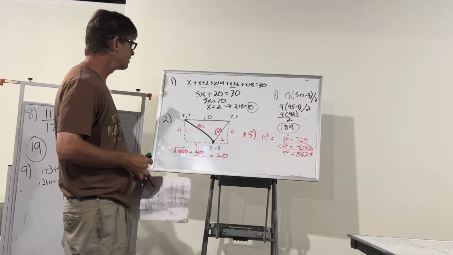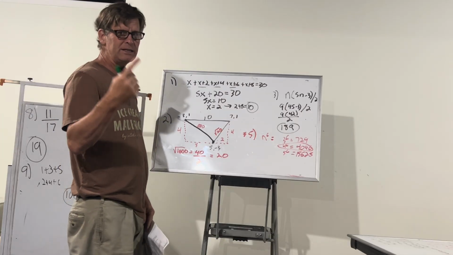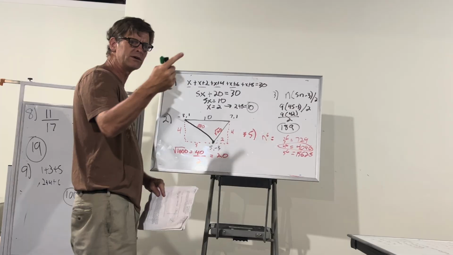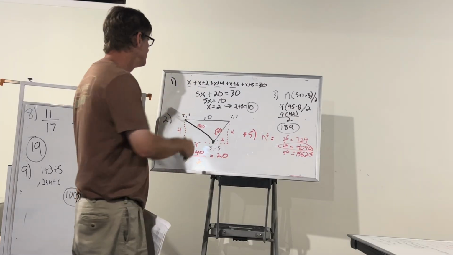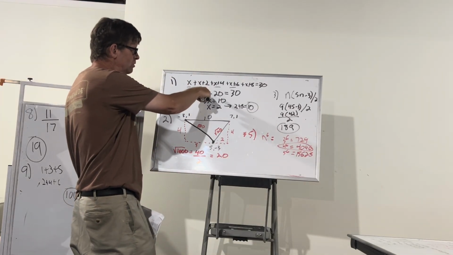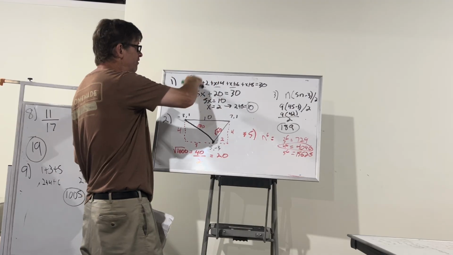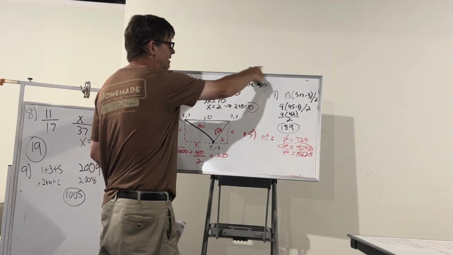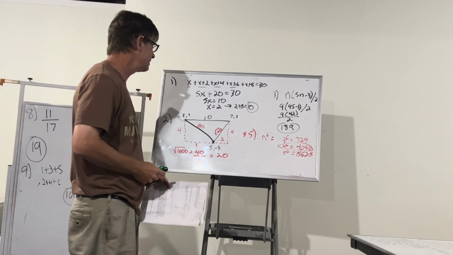So one way to do it is to say, let X be the age of the youngest kid. If there's a difference of 2 years between every kid, then the next kid would be X plus 2, the next kid would be X plus 4, next X plus 6, next X plus 8, and that's all going to add up to 30 years.